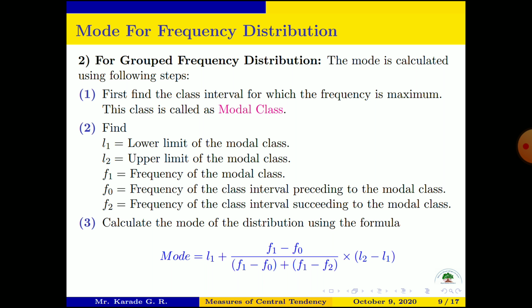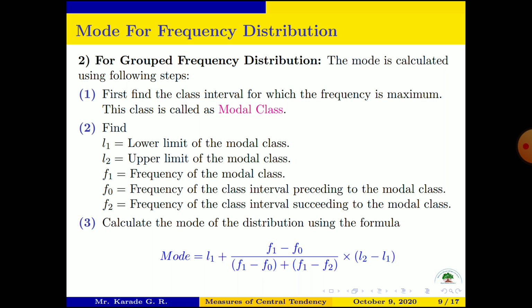in case of grouped frequency distribution. Before using this formula we have to go through step 1 and step 2. In step 1 we have to find out the modal class, and once we get the modal class then we go to step 2.